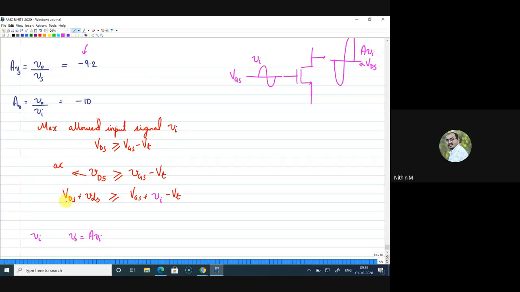Now on that DC level of output VDS, I'll write VDS, but your signal is actually going in the opposite direction, so I'll put minus magnitude of A into Vi. Either I can write VDS plus A Vi and substitute A as negative, or I can write VDS minus magnitude of A into Vi. Any way is okay, greater than or equal to VGS plus Vi minus VT.